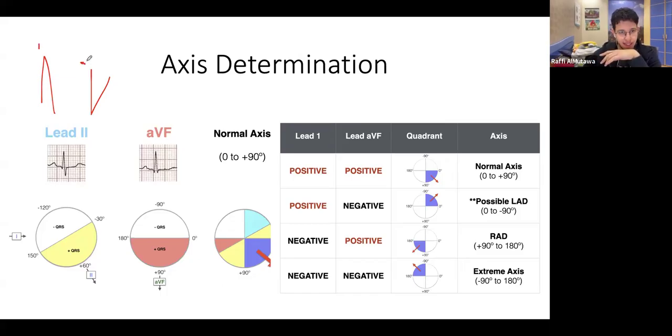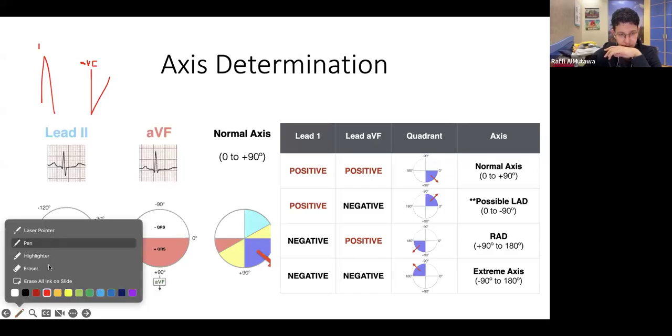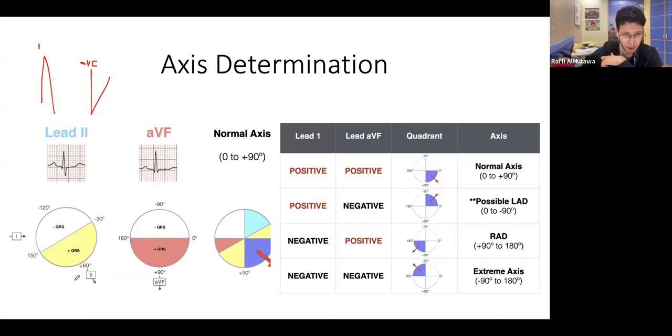Can someone tell me what the axis is? In the chat, of course. Don't unmute your mic. We got a chat. Someone said an answer, which is correct, actually. Good job. So it's left axis deviation. Lead 1 and AVF are looking away from each other because they left each other. Good job. It's very simple.